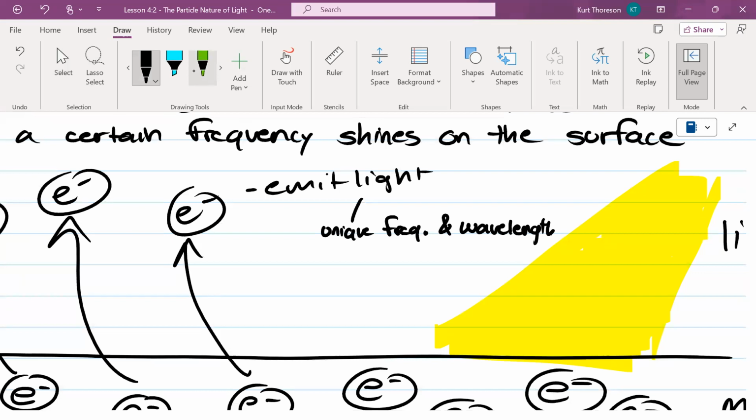We can determine what those stars are made of and what is in those planets' atmospheres based on the light that they give off, because every element gives off a very unique frequency and wavelength. So if we were to look at Venus, our closest planet, we could determine what is in the atmosphere of Venus by the light that it gives off. Every form of light is radiation, and every form of radiation has a unique wavelength and frequency, and every element gives off a unique wavelength and frequency.